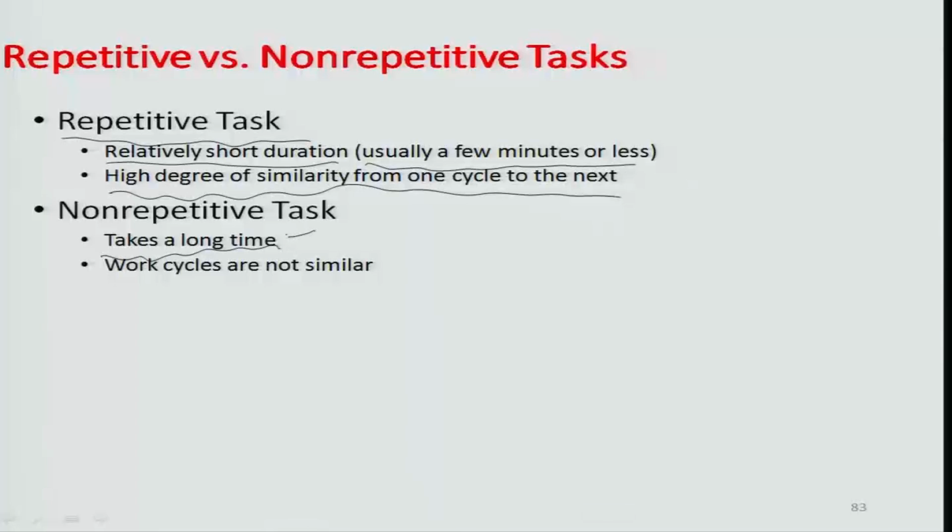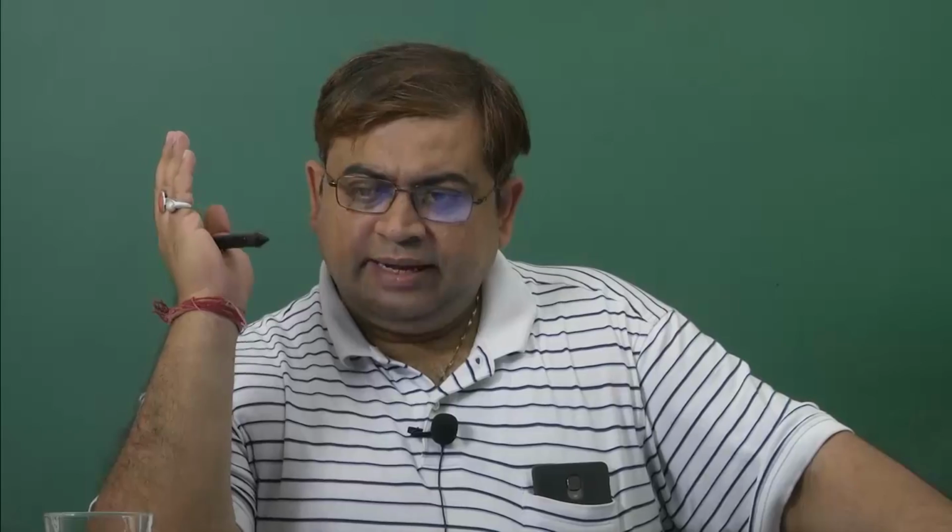There can be non-repetitive tasks which take slightly longer time, and the work cycles are not similar. For example, cleaning the shelf of a particular office as opposed to stacking the shelf with files, these two are different tasks done at different points of time.